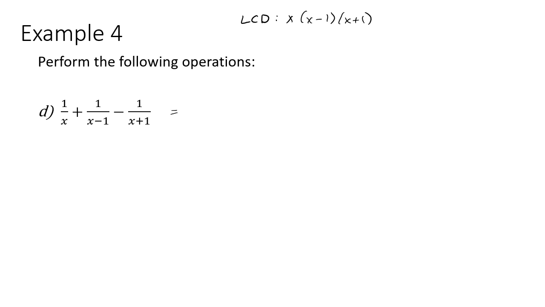So for our fraction on the far left, the 1 over x, we're going to need to multiply it by both of the other denominators, x minus 1 times x plus 1. Whatever you do to the bottom, also do to the numerator. For our second fraction, 1 over x minus 1, that's missing the other 2 denominators, x times x plus 1.